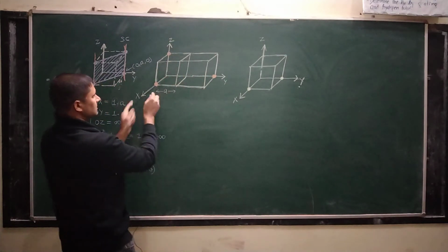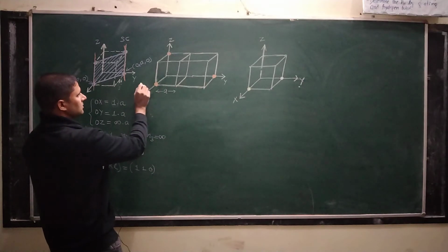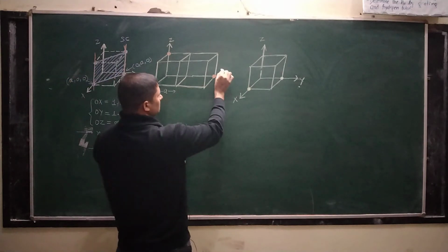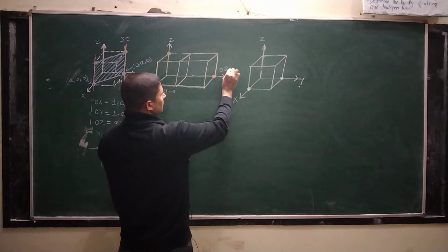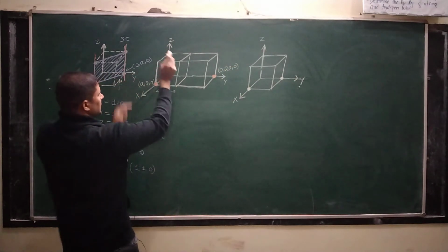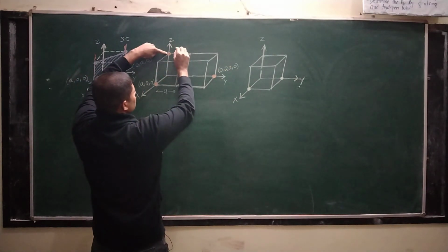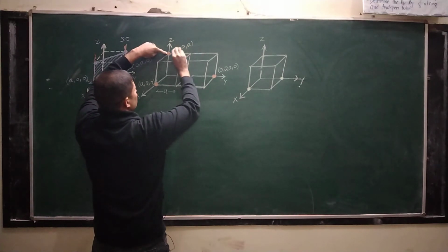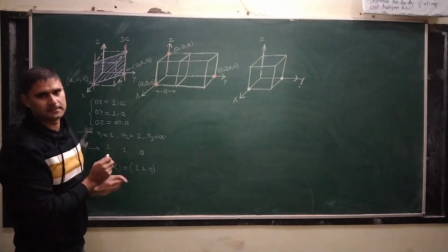So a plus a is twice of a, and here it is a. So along the x-axis this coordinate will be a 0 0. Here it will be 0 2a 0, and here it will be 0 0 a. So these are the coordinates.